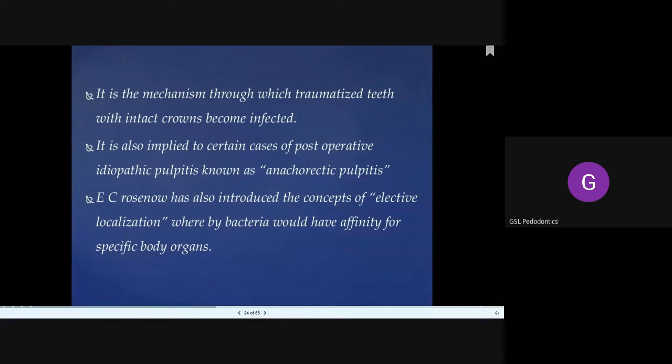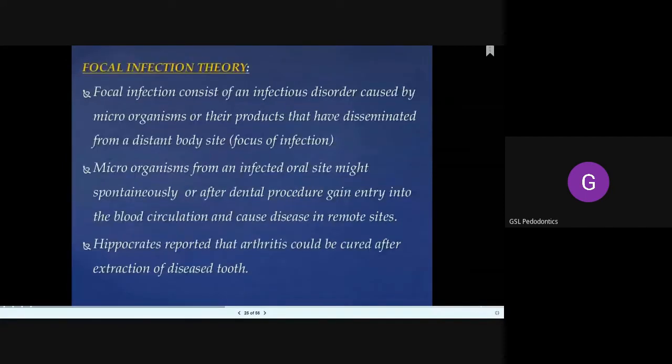So E. C. Rosenow introduced this concept of elective localization. Next you have two important theories, the focal infection theory and the focus of infection theory. So what is focal and what is focus? Focus is nothing but a distant body site. So you have a specific body site other than the oral cavity, that is the focus part.